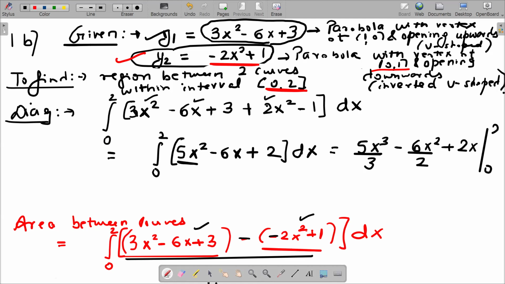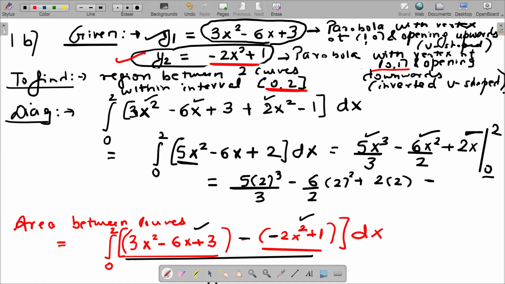I run this from 0 to 2. This is going to be 5 into 2 cube by 3 minus 6 by 2 times 2 square plus 2 into 2. And guys, when I put 0, this will be 0, this will be 0, this will be 0. So the whole thing is minus, subtracted 0.